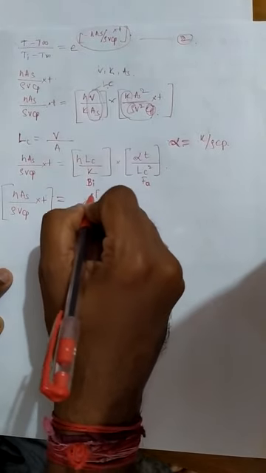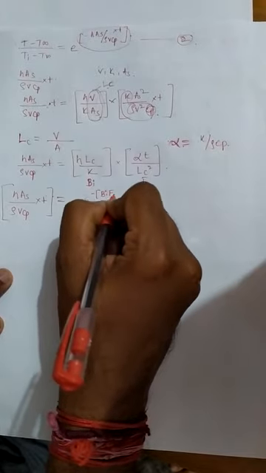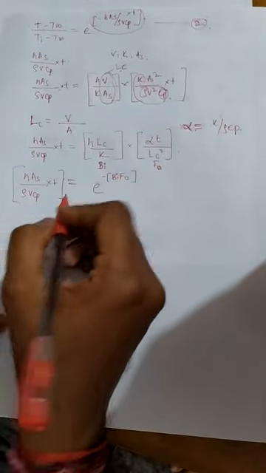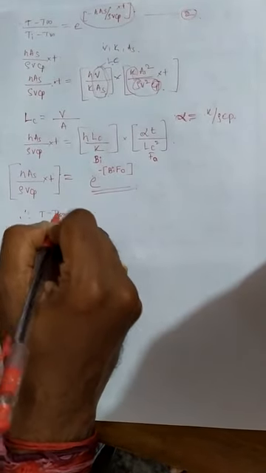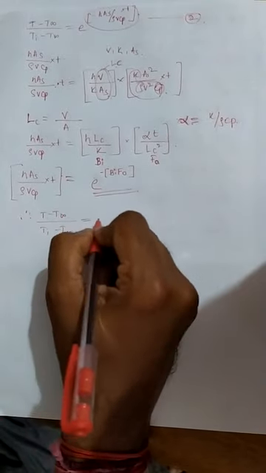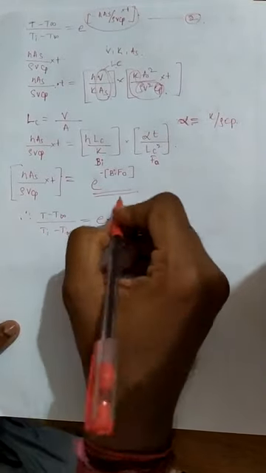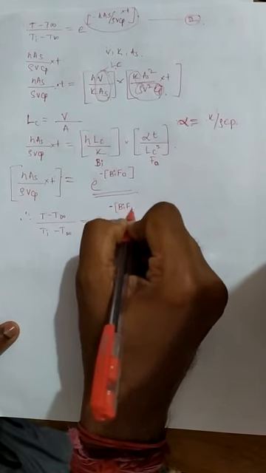Therefore, (T minus T infinity) divided by (Ti minus T infinity) is equal to the exponential of minus of Biot number into Fourier number.